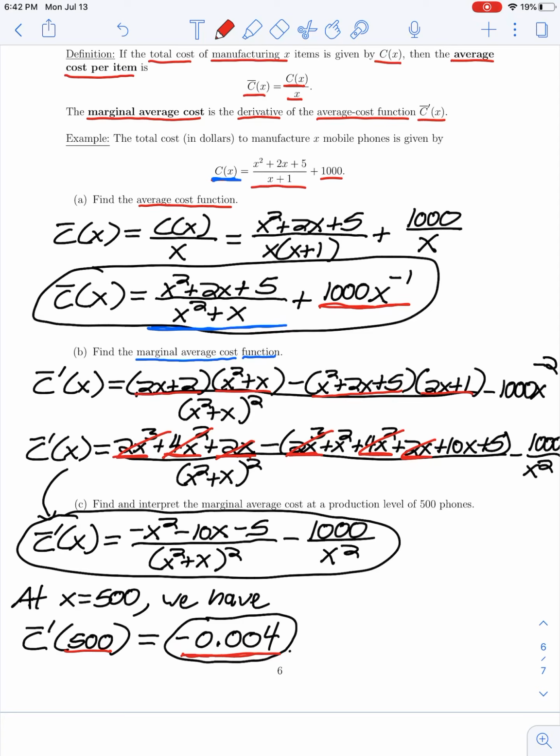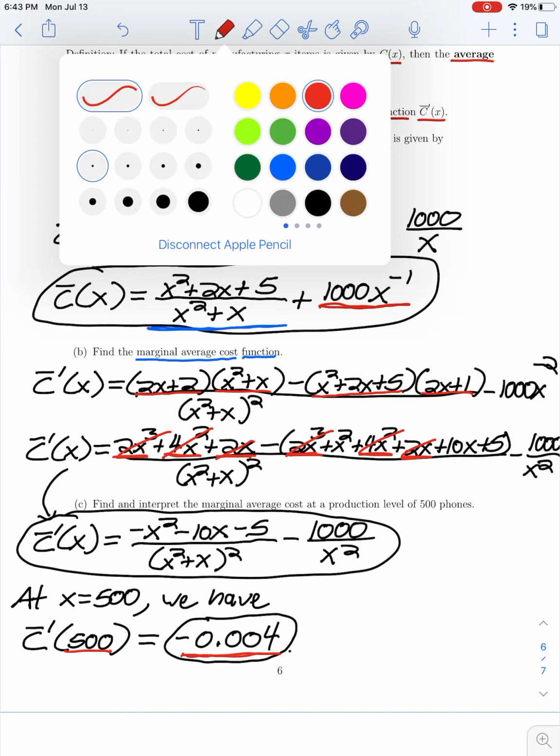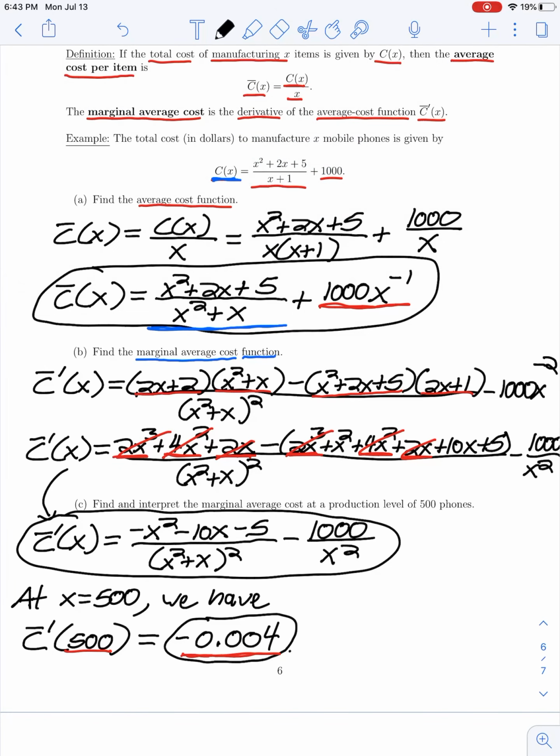So in dollars, that would correspond to $0.004, so 0.4 cents. And the negative out in front indicates that our rate of change is decreasing. Our negative rate of change means that our average cost is decreasing the more phones that would be produced.